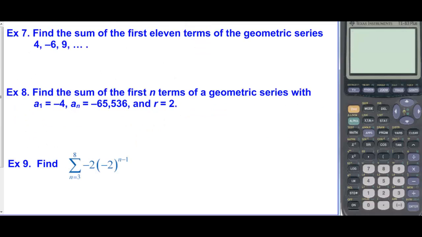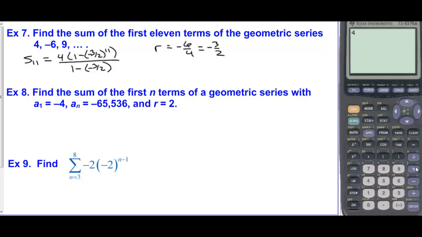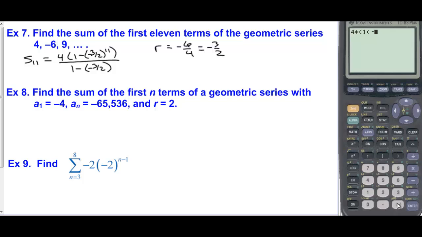Find the sum of the first 11 terms of the geometric series. 4, -6, 9, keep on going. The sum of the first 11 terms is 4 times 1 minus r to the 11th. R is equal to -6 over 4, which is -3 halves. We have -3 halves to the 11th power, and divide that by 1 minus -3 halves. 4 times 1 minus -3 halves raised to the 11th.